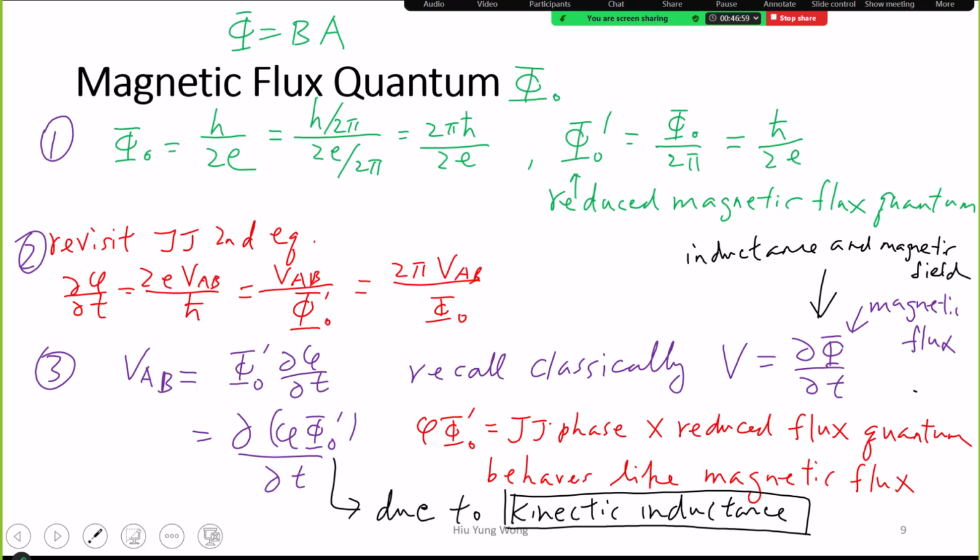And finally, we show that the phase times the reduced flux quantum acts like the magnetic flux in a regular inductor. So just remember, phase times the reduced magnetic flux quantum will give you something like the magnetic flux. Although it is not a magnetic flux, it behaves like the magnetic flux in a regular inductor. Any questions? Maybe pretty confusing, huh?